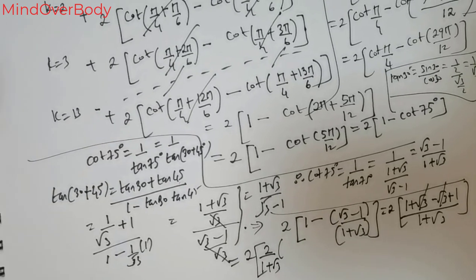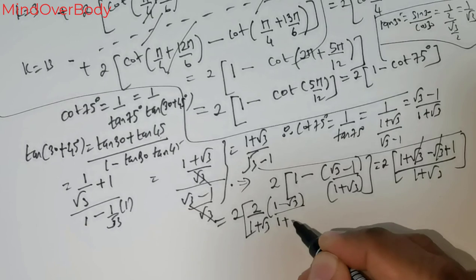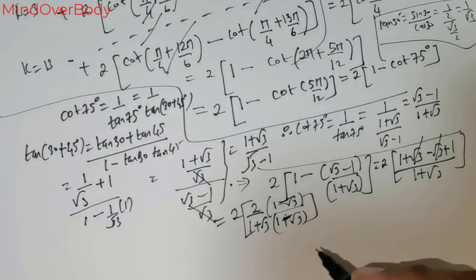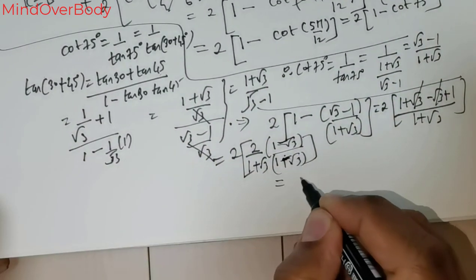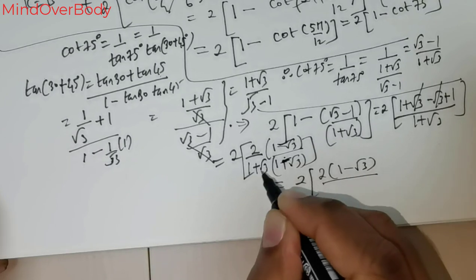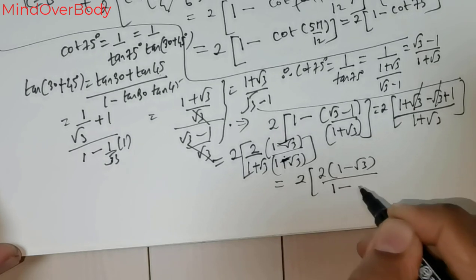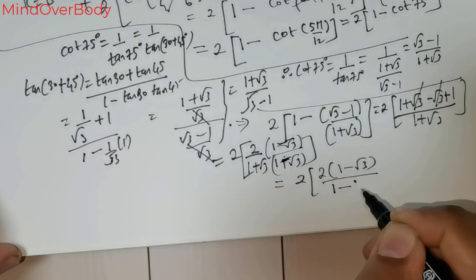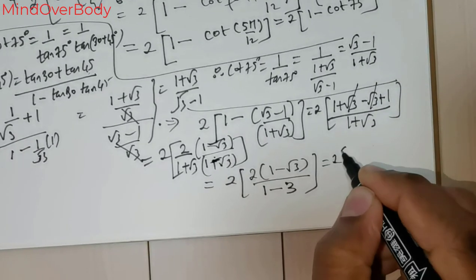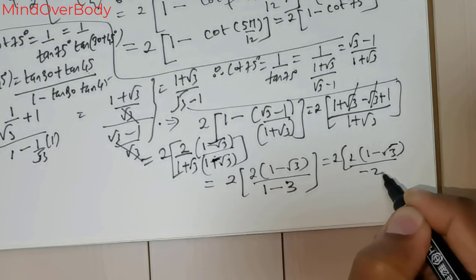Now if I were to multiply the numerator and the denominator by 1 negative root 3, this would give me 2 times 2 times 1 negative root 3 divided by, this is a plus b times a minus b, so that's going to be 1 minus root 3 squared, which is 1 minus 3, and this is equal to 2 times 1 negative root 3 divided by negative 2. So 2 gets cancelled.